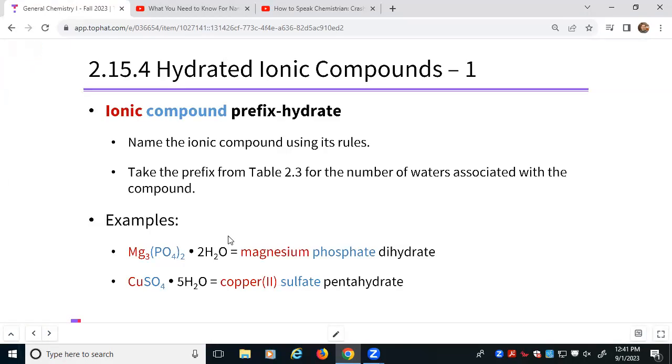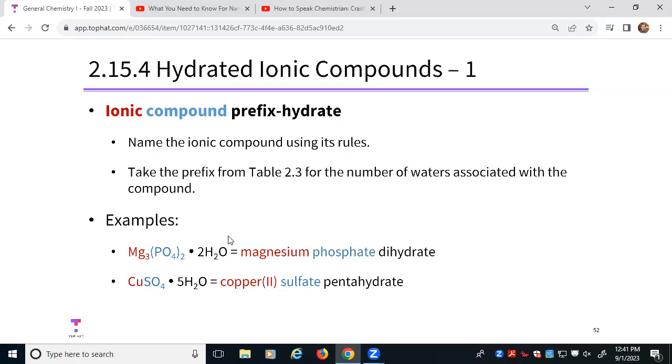All right, a couple more things to look at and think about. We're not going to see these often, but I wanted to give you an exposure to them. Ionic compounds sometimes can absorb water. When that water gets trapped in their crystals, those are called hydrates.